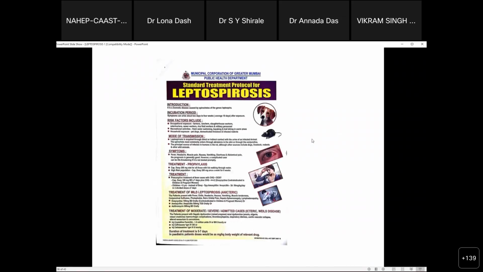The Municipal Corporation of Greater Mumbai Public Health Department is very actively involved with leptospirosis and its treatment and diagnosis, and thus it brings out these posters for public awareness and, for the doctors also, guidelines for treatment of the patients.